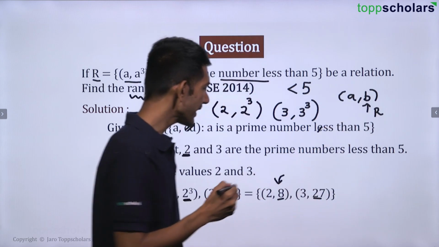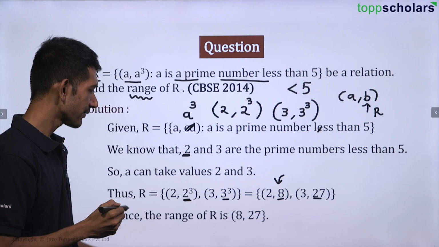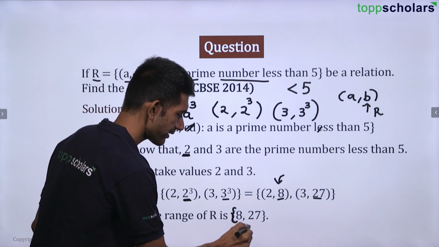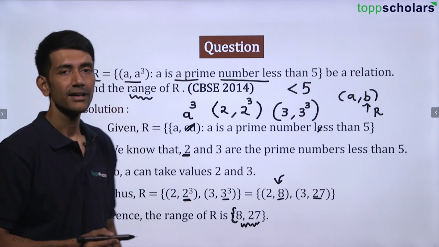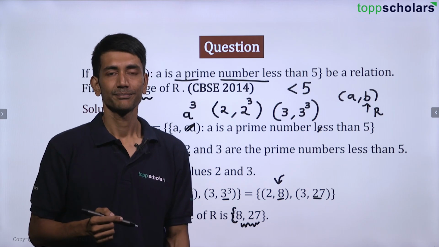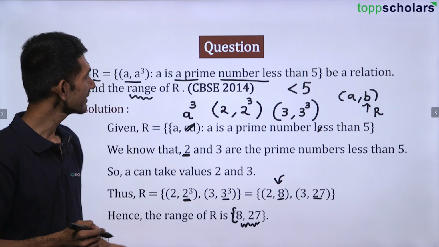So can I say 8 and 27? Put a curly bracket here. 8 and 27, these two elements are the range of the given relation. I hope this is clear. 8, 27. Simple. Let's continue.